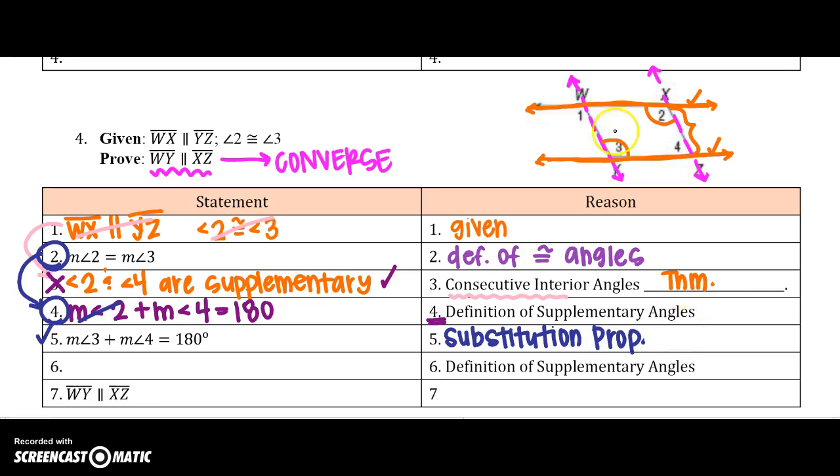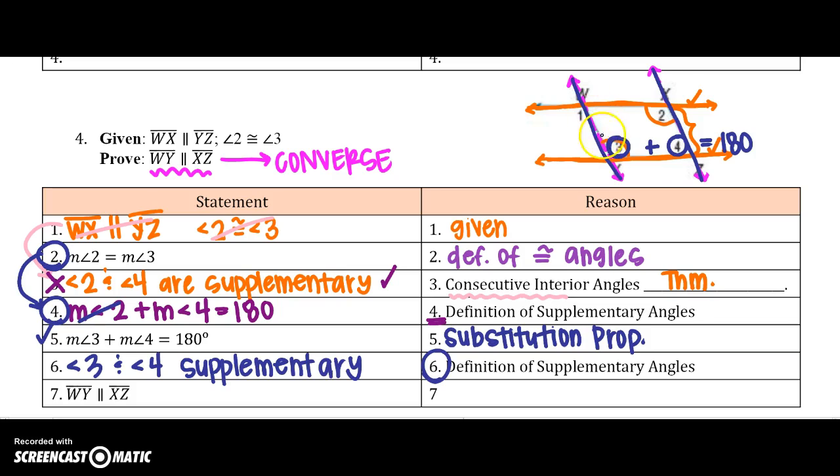All right, let's look back up here. 3 and 4, I now know are adding up to 180 degrees. Well, that's a good sign because remember what we talked about before, that could be a possibility. Well, if they equal 180, that means that they are also supplementary, because of that definition of supplementary angles.